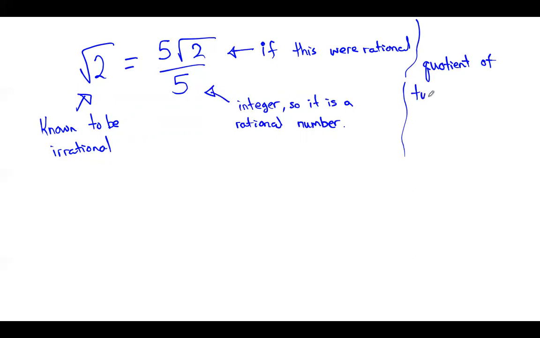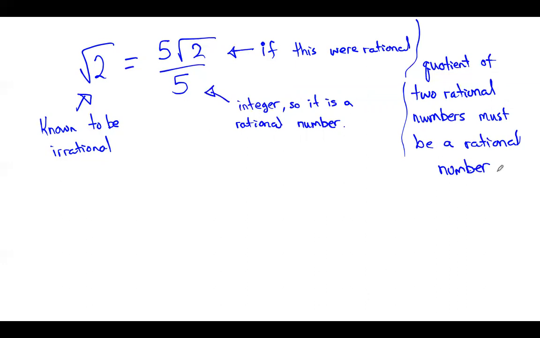The quotient of two rational numbers must be a rational number, because that's one of the things we said earlier. But we know that it's irrational. It's equal to this. If this were rational and this were rational, then it should be equal to a rational number. But it's not, because this is irrational.